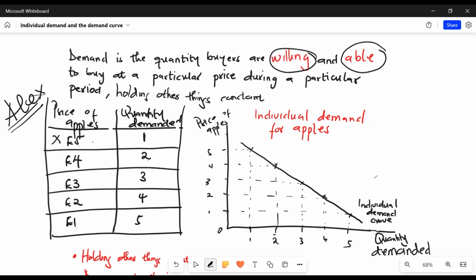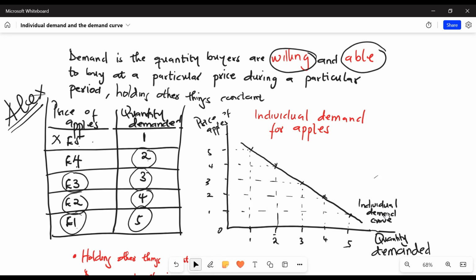When the price reduced to 4, quantity demand increased to 2. When the price reduced to 3, quantity demand increased to 3. When the price reduced to 2, quantity demand increased to 4. And when the price reduced to 1, quantity demand increased to 5.